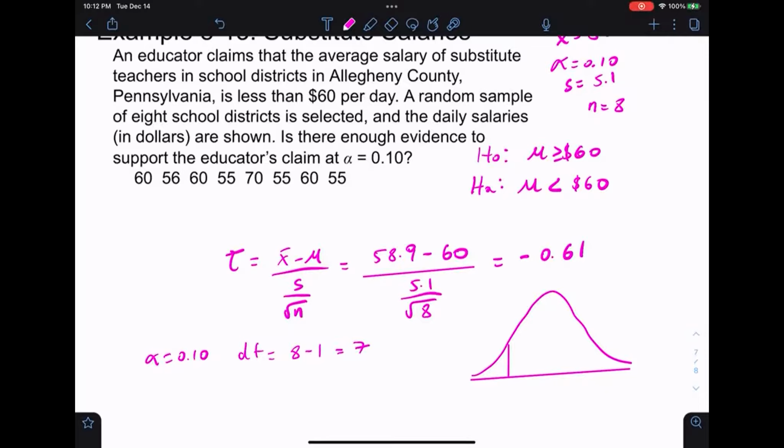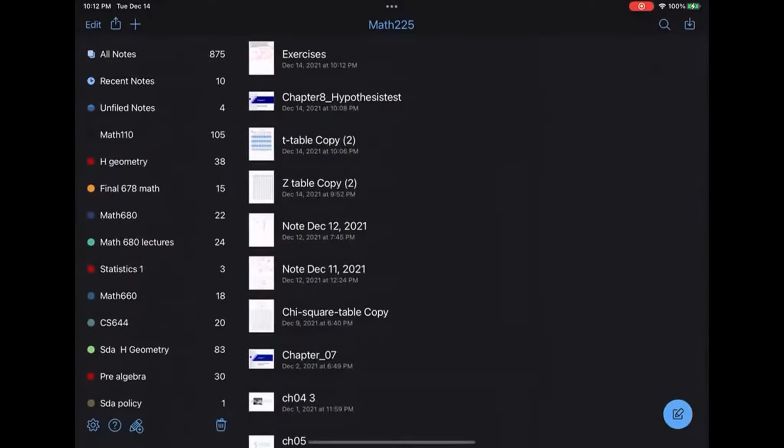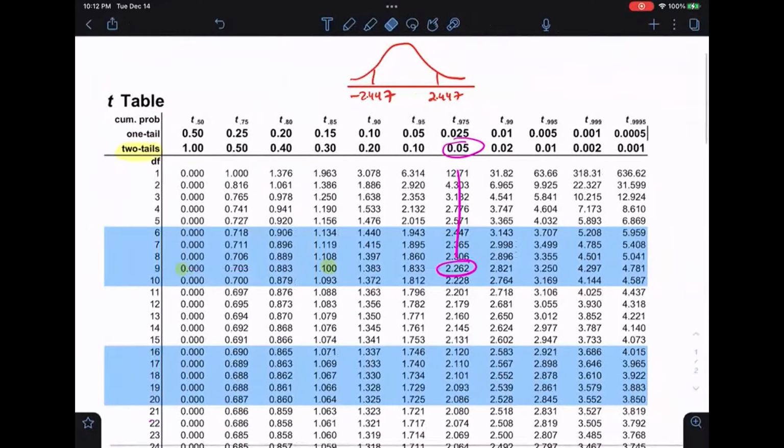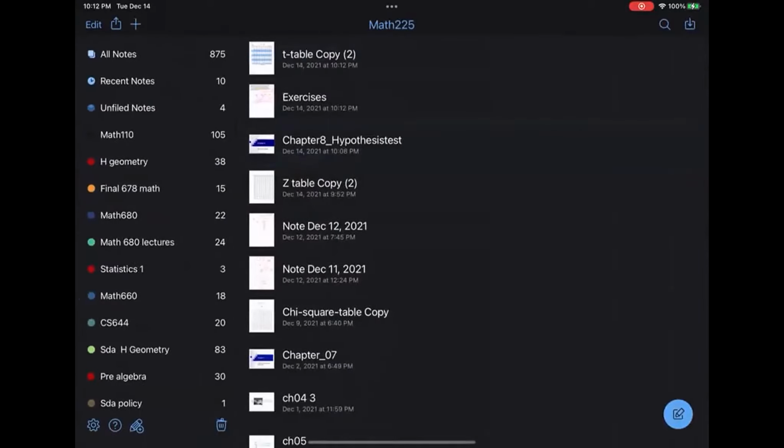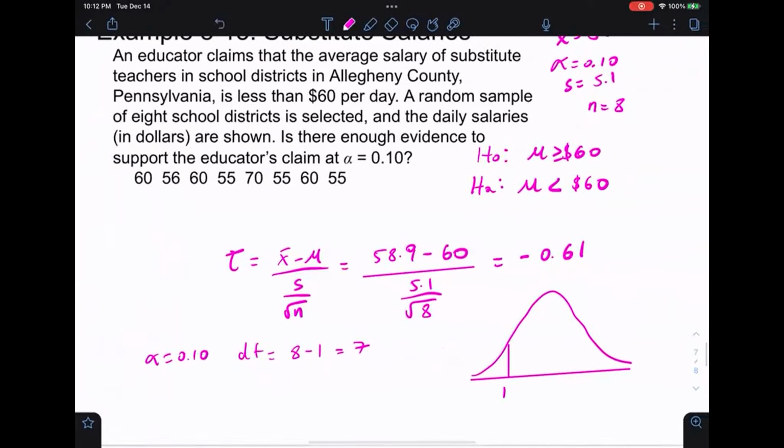So 0.10 and 7. 0.10 is a one-tailed test, and 7 is here. The value is 1.42, but it has to be negative because it's less.